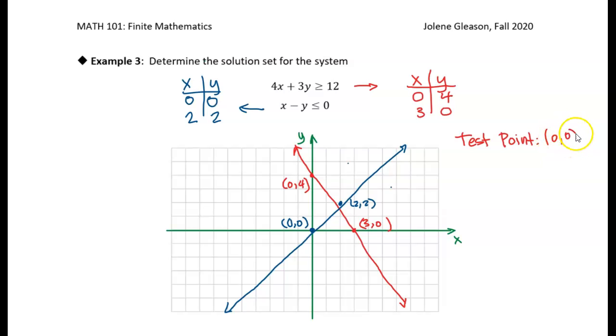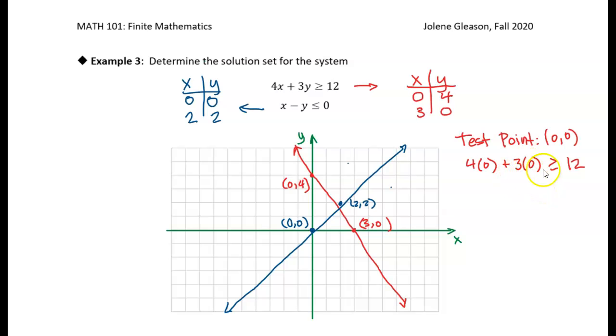That's always my favorite point to test, because it's really easy to evaluate the inequality for 0, 0. So if I put in the point 0, 0, putting in 0 for x and 0 for y, I'm just testing to see if this is true. Is this true? 4 times 0 plus 3 times 0 is greater than 12.